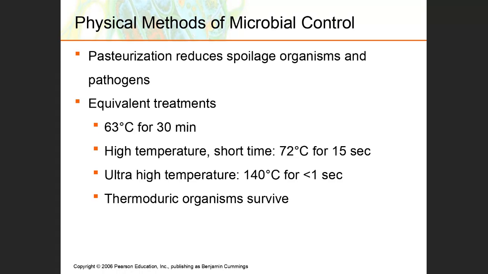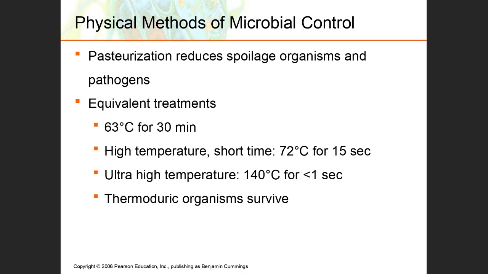You can increase the temperature to 72 degrees, but you only need about 15 seconds, right, to kill off the pathogens. Or you can have an ultra high or flash at 140 degrees Celsius for about a second or less. So these are all equivalent methods for destroying pathogens and most other bacteria, but again, we're not sterilizing the product.